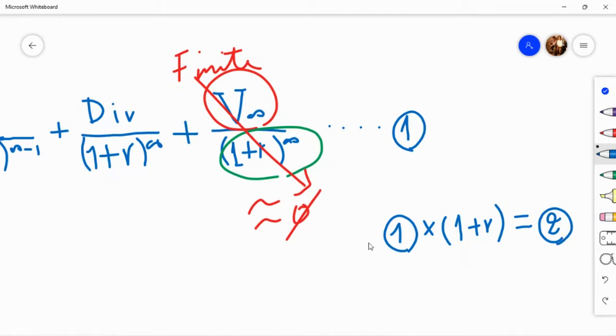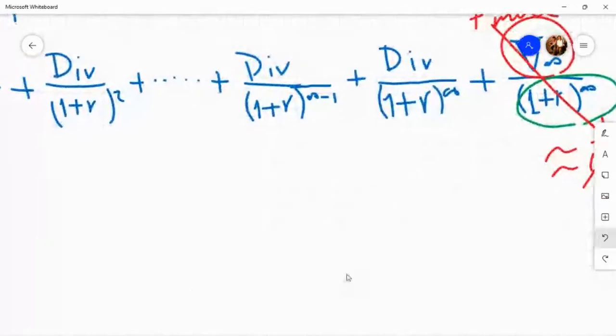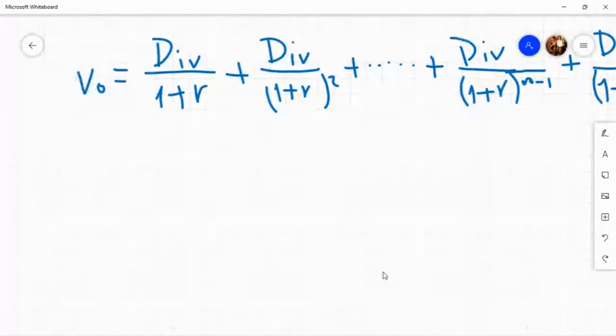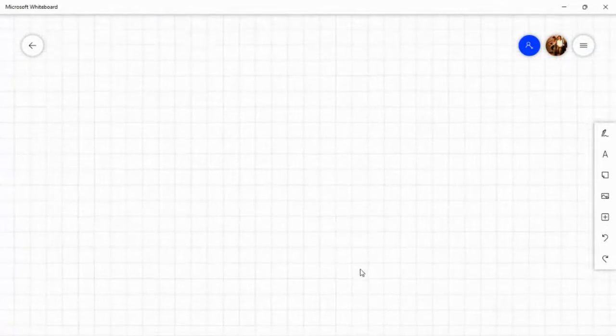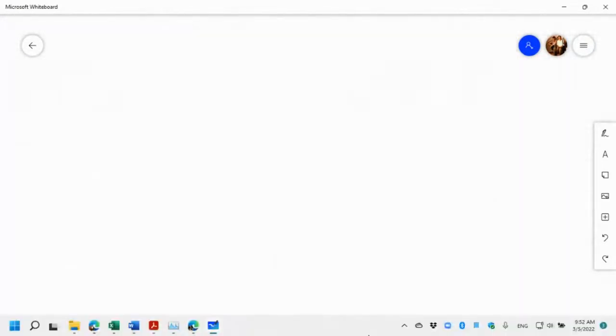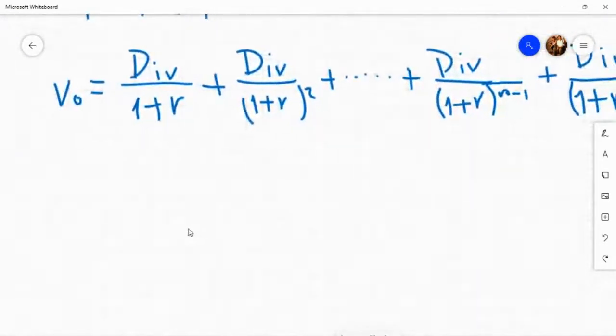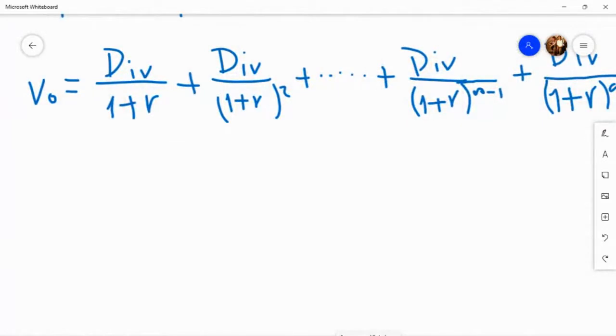Then think about it. What's equation 2 going to be like?